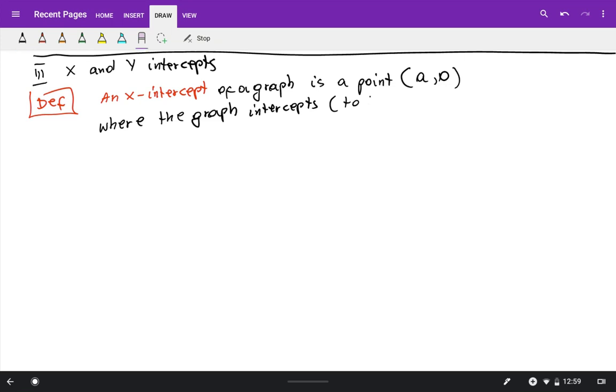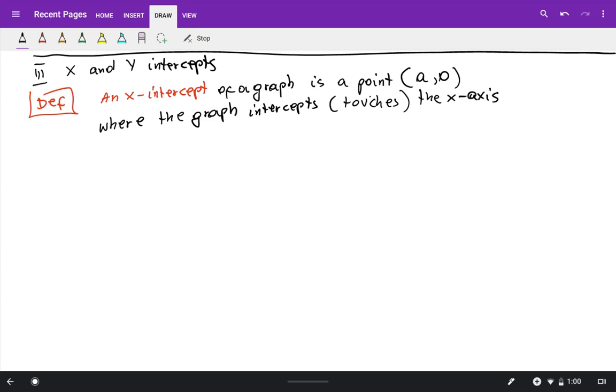It can be intercept, sometimes it can be touch. With linear equations, you always have intersect, but when we will be talking about graphing quadratic equations later on, or in college algebra, it's going to be touch sometimes.